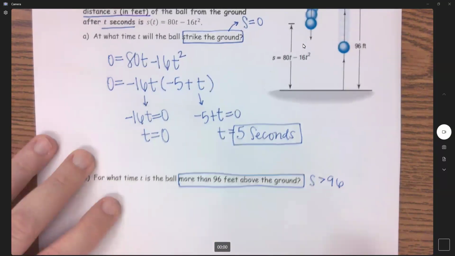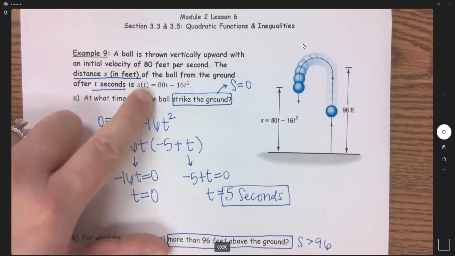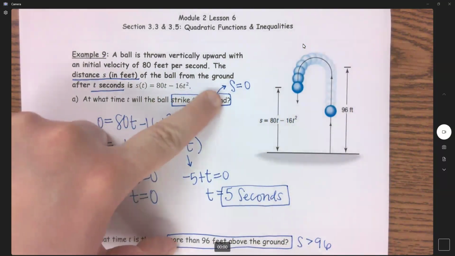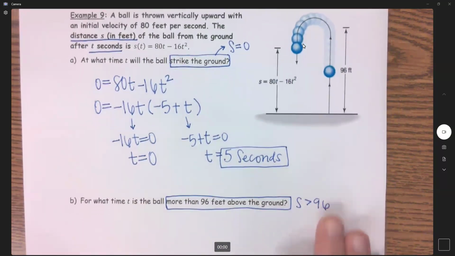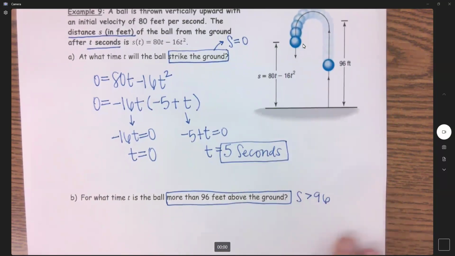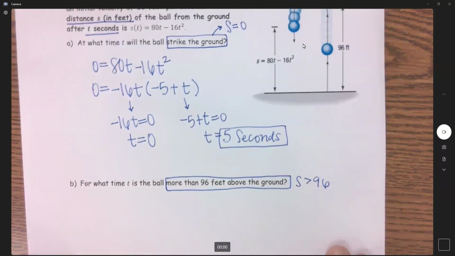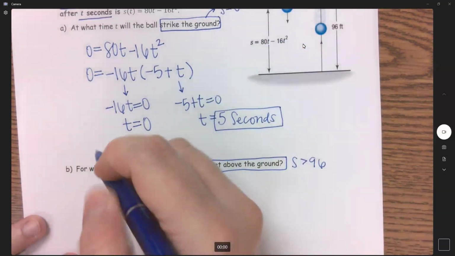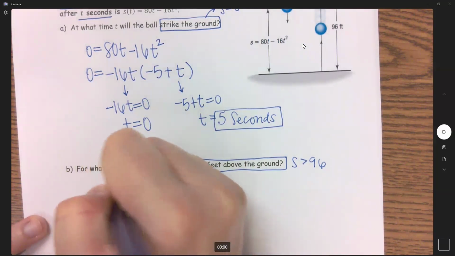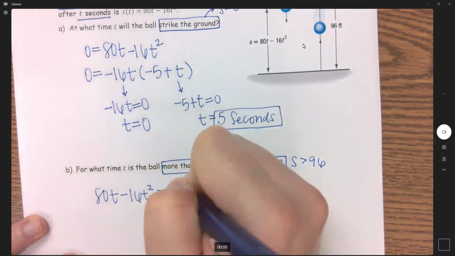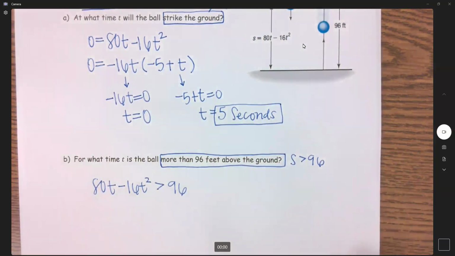Now with equations, I can change where that equals. So it doesn't matter if it's s equals or this equals s. With inequalities, it does matter. So I do want this greater than 96 on the right side. So I'm going to write the rest of this on the left side. So we have 80t minus 16t squared is greater than 96.